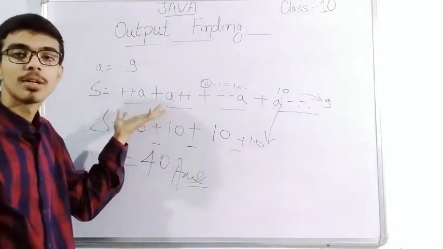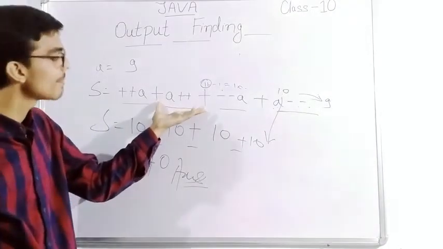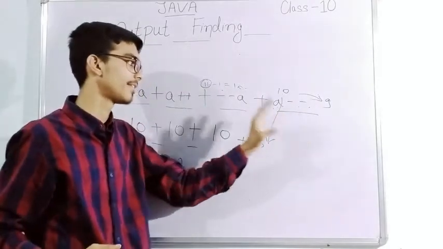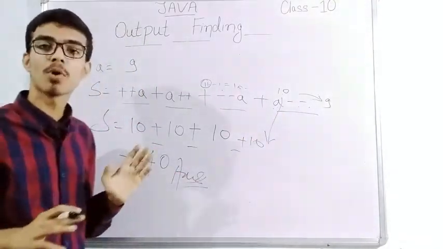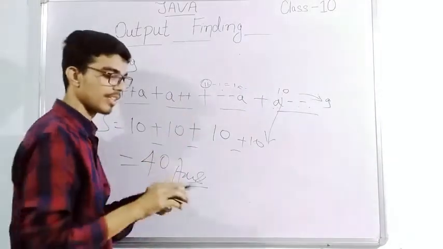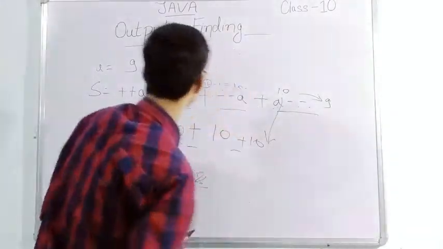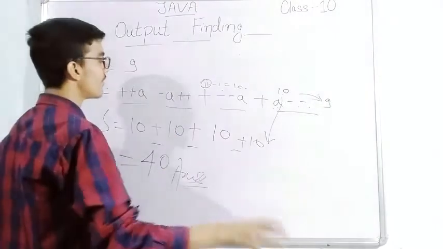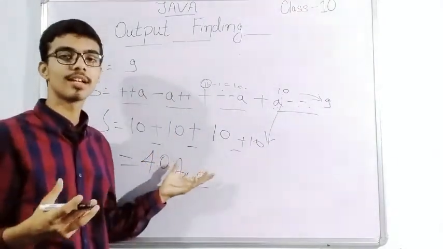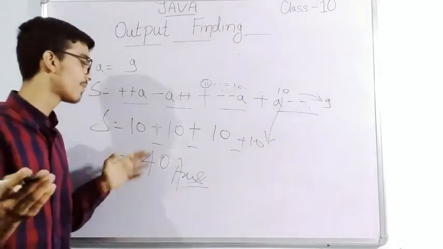Here I have used plus A, minus A, plus A again, plus, minus A and A minus. One important thing I would tell you is that if there is a minus value, generally we don't notice it, and that's the reason for our error.